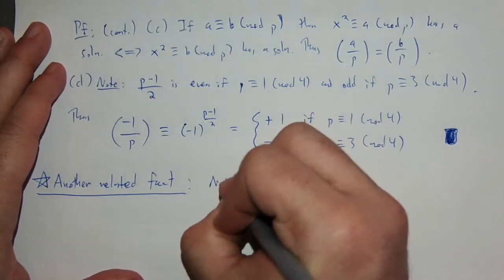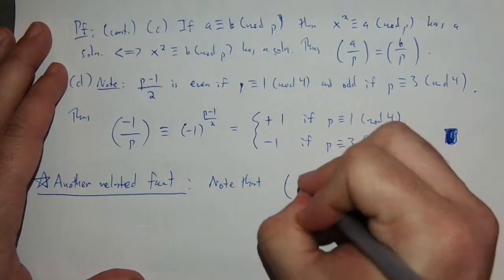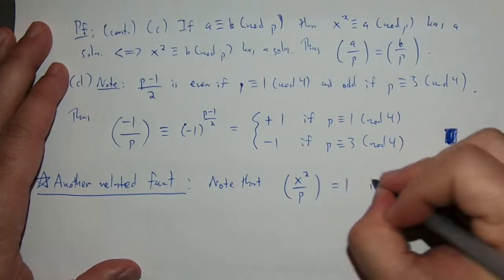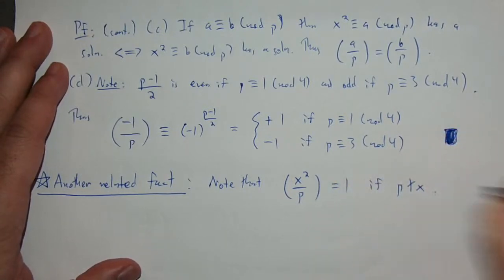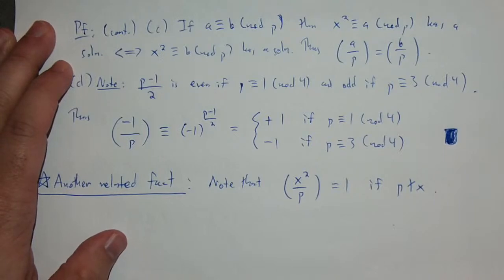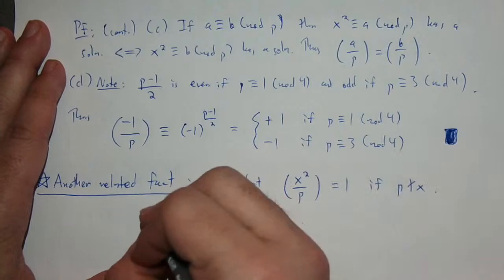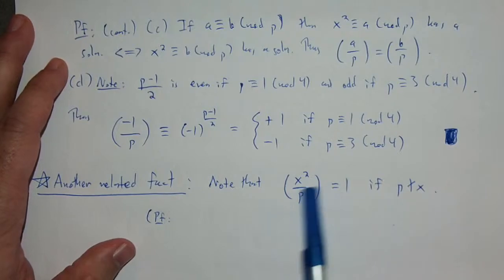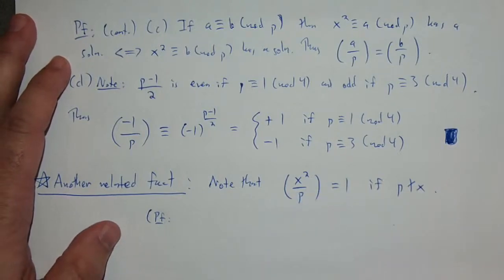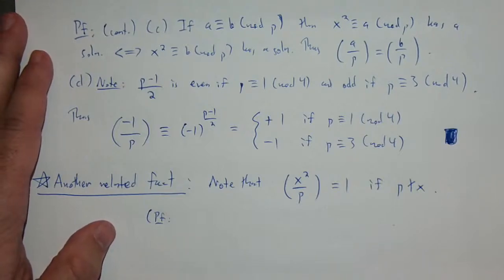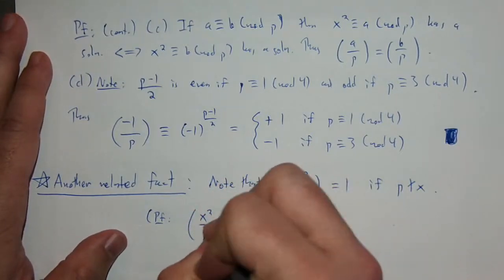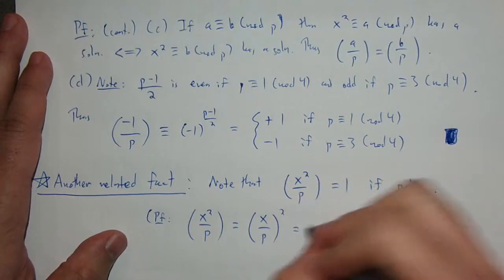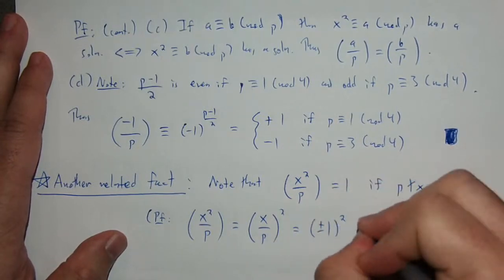So note that x squared on P is equal to 1 if P does not divide x. Why? Well, x squared is automatically a square mod P. Another way of seeing this is we can see it directly from the proposition we just showed. x squared on P can be written as x on P squared. x on P, whatever it is, is plus or minus 1, so it's plus or minus 1 squared, which is 1.